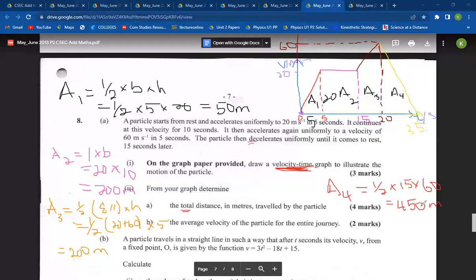So if I want the total distance, meaning from my starting point to where I end, I have to add all of the distances that I just calculated, which will give me 50 plus 200 plus another 200 plus 450. This would give me 900 meters. That's the answer, 900.